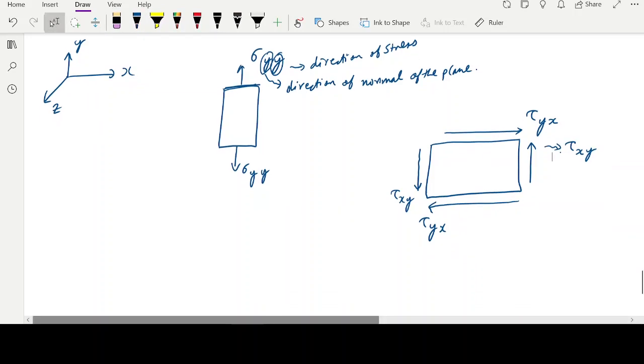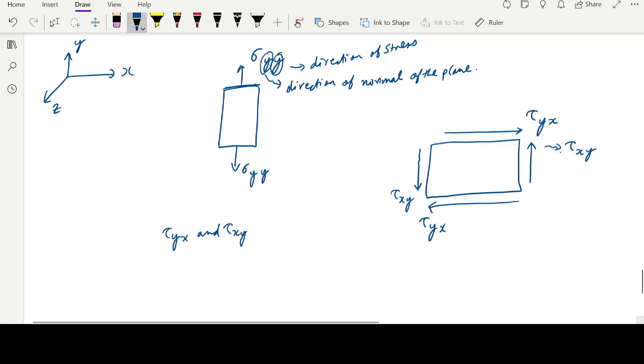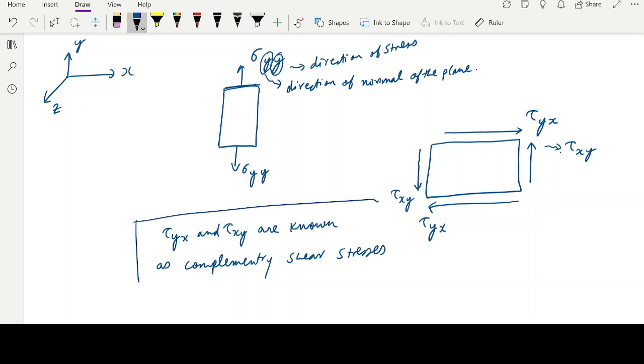Now these, tau yx and tau xy, are known as complementary shear stresses.